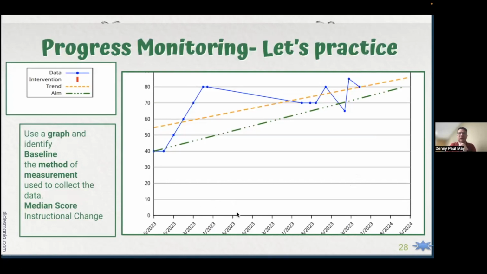So here we have an actual screenshot. And so I said, let's practice a little bit. So Faith, if you were looking at this particular representation, and you see that the baseline started at 40, and the aim line here is to get to 70, and we see that the blue dots are representative of the actual data points that are being taken.